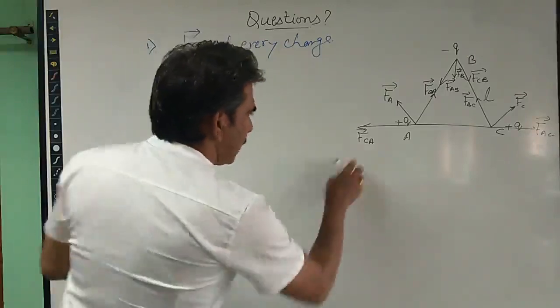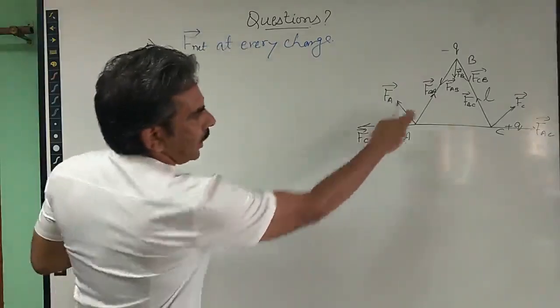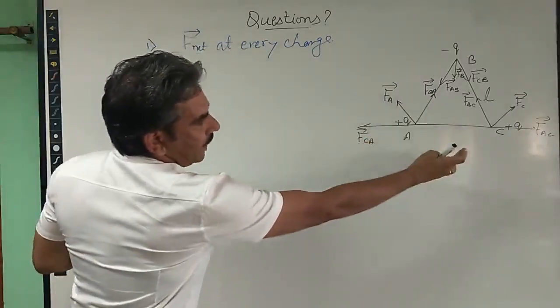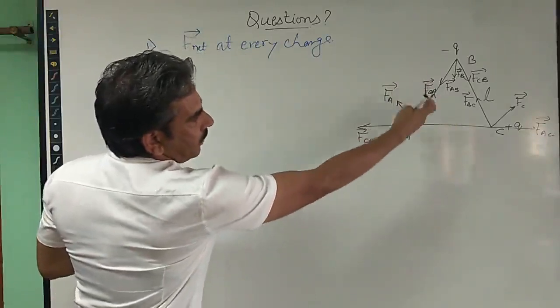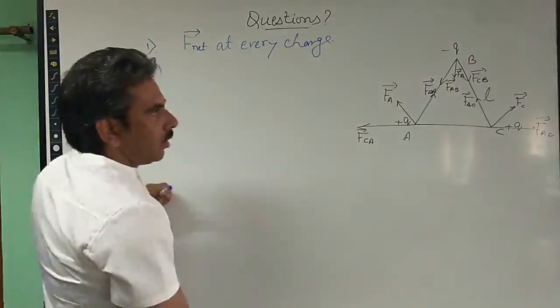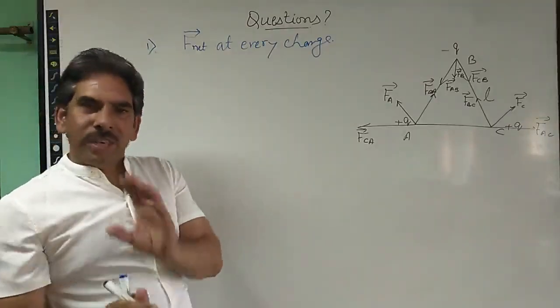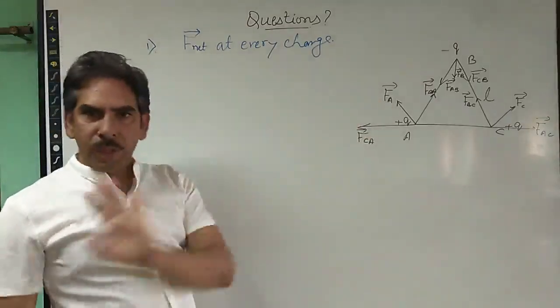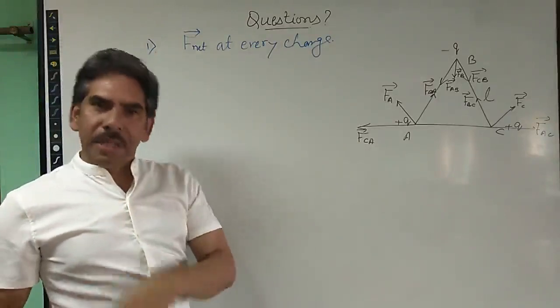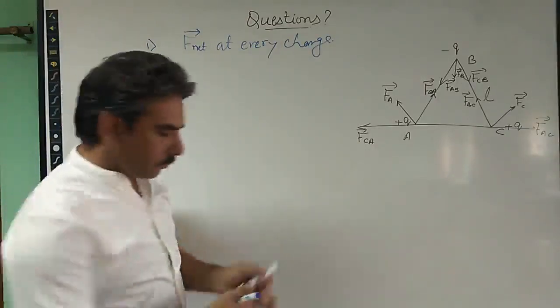Let us write the expression for FCA, FBA, FAC, FBC, FAB and FCB. Because all the charges are at equal distance from each other, in terms of magnitude all the forces will be of similar magnitude. They may be different in direction.